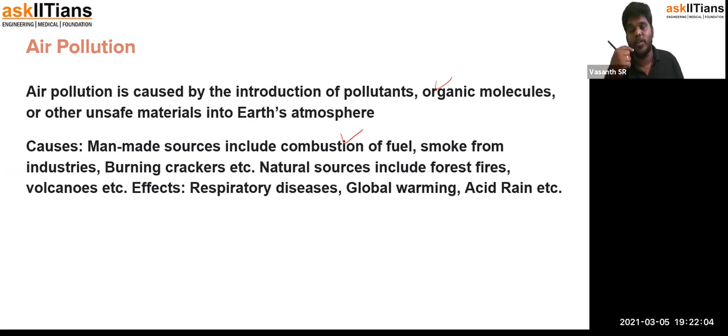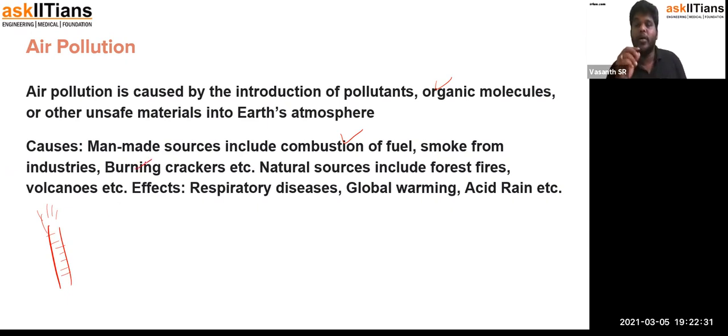It should be burnt only when there is a requirement. And industries give out a lot of smoke, and that smoke has to be controlled by having several filters installed in the chimney. The chimneys are extensions through which the smoke comes out. They should have different layers of filtration, so that the pollutant materials do not reach the atmosphere.